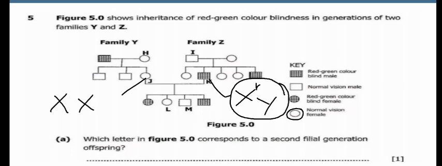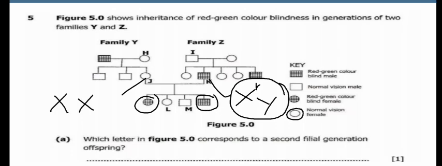Then when it comes to the female, here you need to be very, very careful. Look at the offspring that they have here, for you to come up with the alleles that you are going to use on top here. As you can see, we have one female who is affected and also one male who is affected.